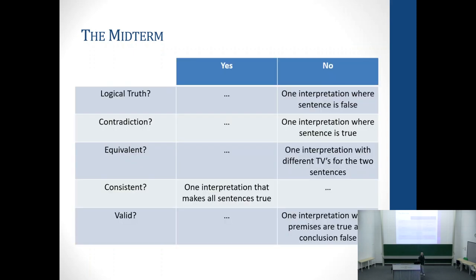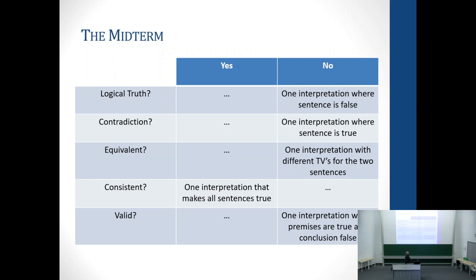Here's what we can do with interpretations. You can show that a sentence is not a logical truth: you give me an interpretation that makes it false. You can show a sentence is not a contradiction: you give me an interpretation that makes it true.